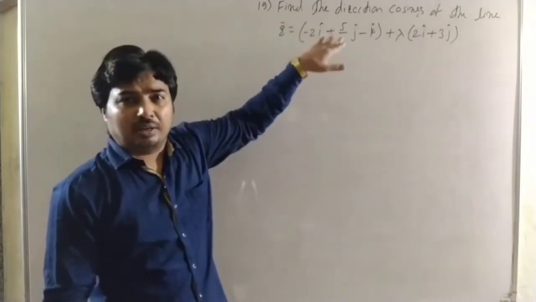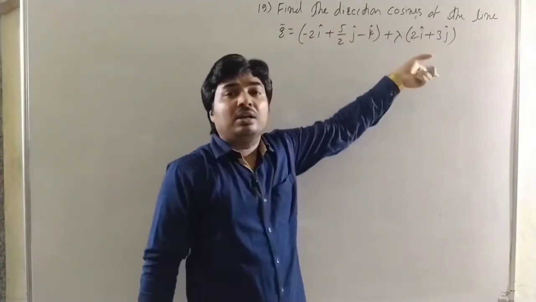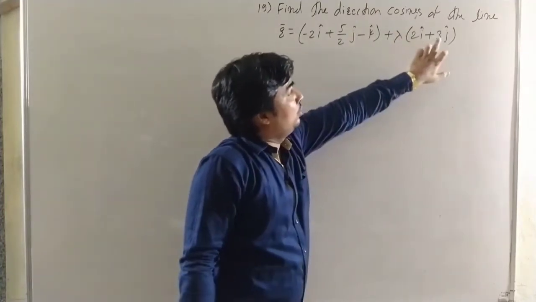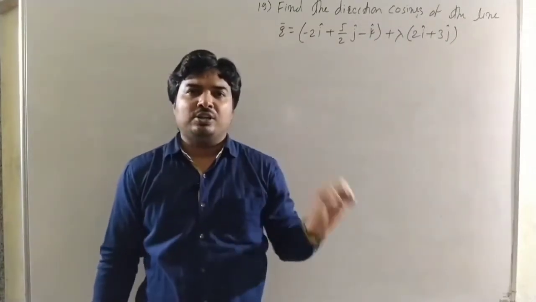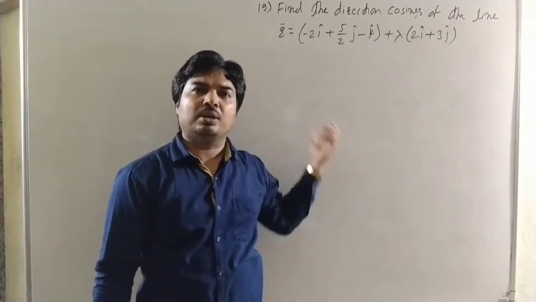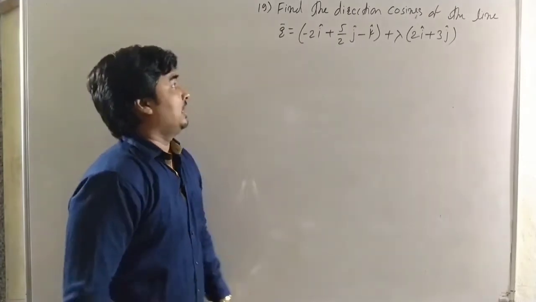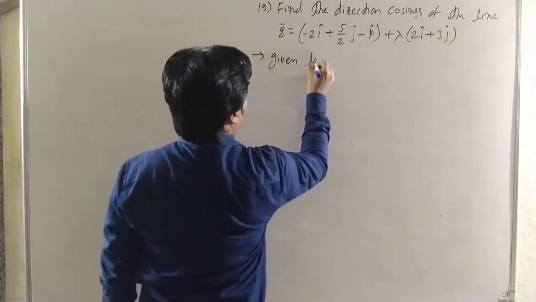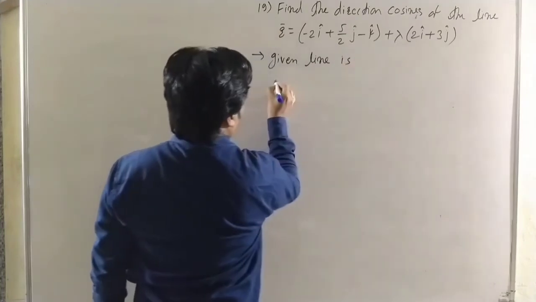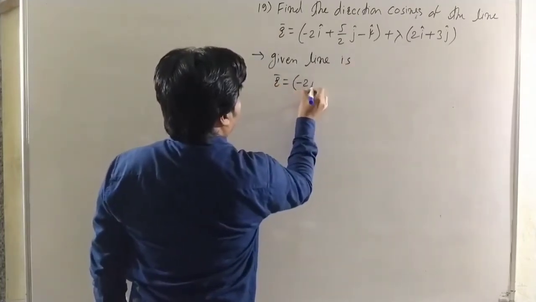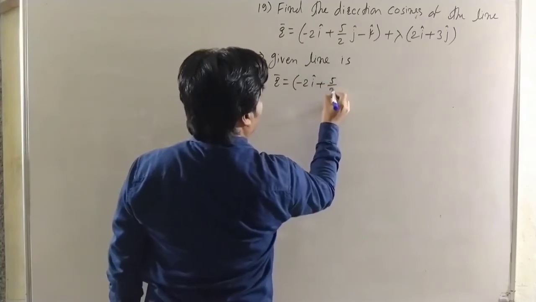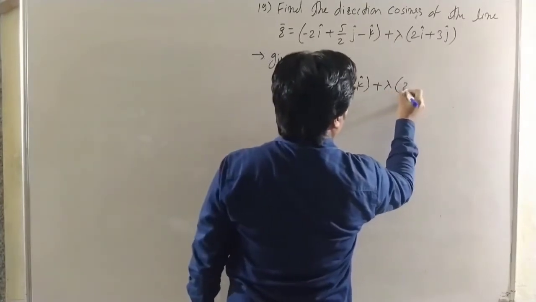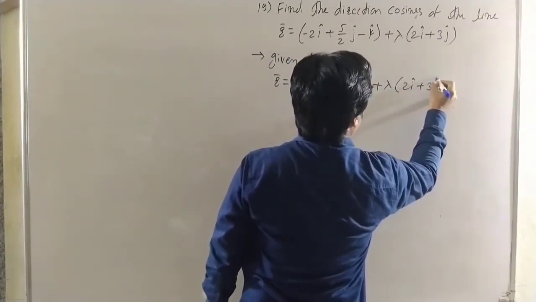We know the direction ratios of the line. Here this vector is parallel to the line, and the components of the parallel vector are the direction ratios of the line. Therefore 2, 3 and 0 are the direction ratios of that line, and from direction ratios we can find the direction cosines of the line. Here the given line is r bar is equal to minus 2 i cap plus 5 by 2 j cap minus k cap plus lambda into (2 i cap plus 3 j cap).